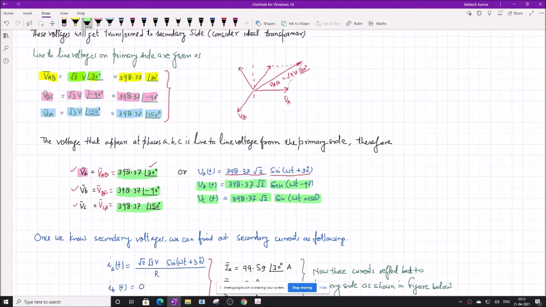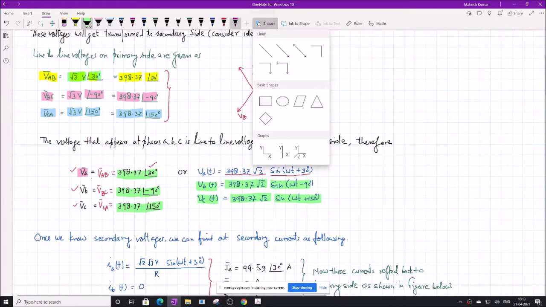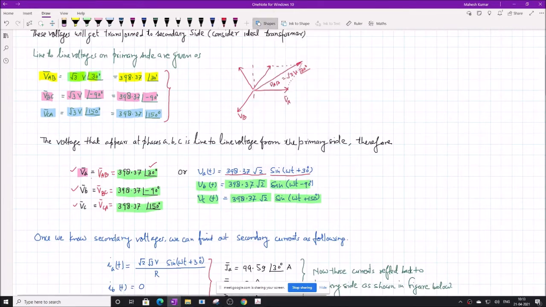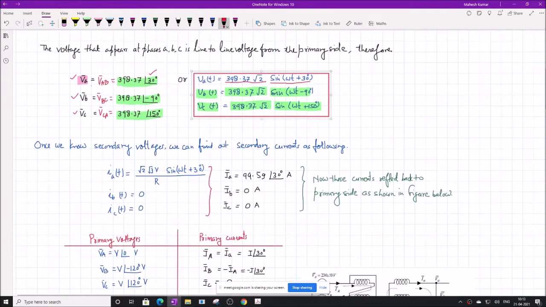Once we know these voltages, then we can find out the secondary currents.